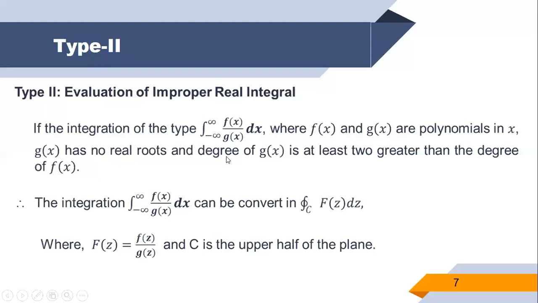The integration type is minus infinity to plus infinity of f(x) upon g(x) dx, where f(x) and g(x) are polynomials in x, g(x) has no real roots, and the degree of g(x) is at least 2 greater than the degree of f(x).